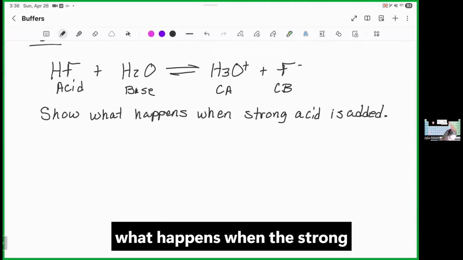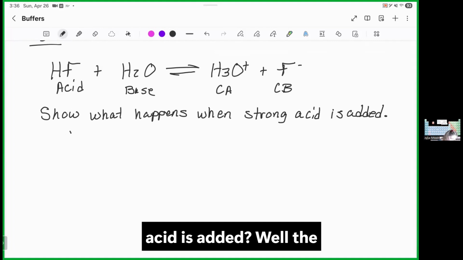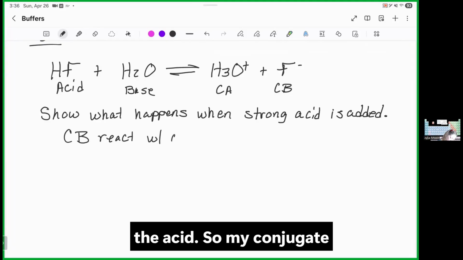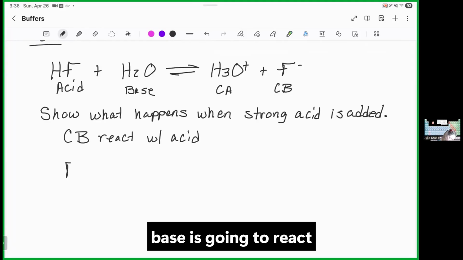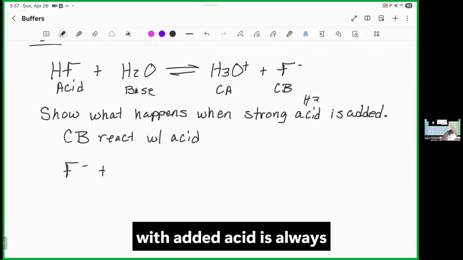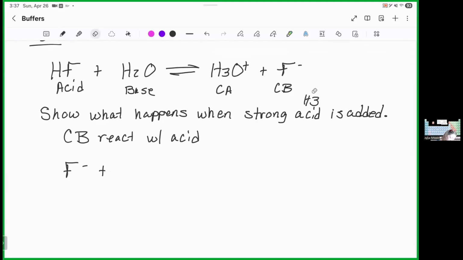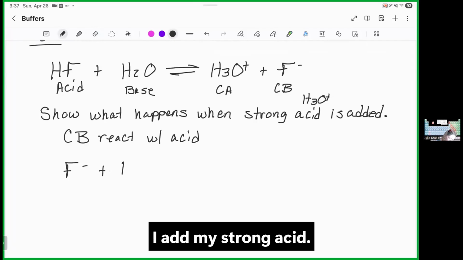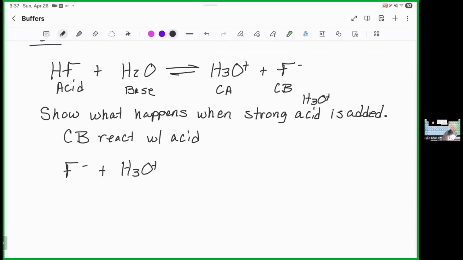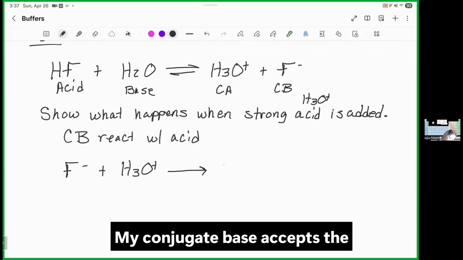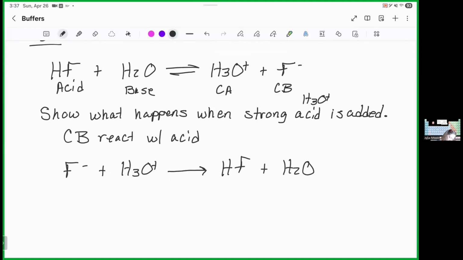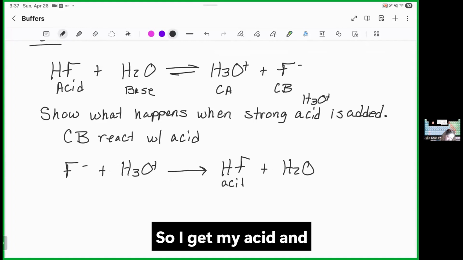Well, the conjugate base will react with the acid. Added strong acid is always H3O plus. So I add my strong acid, my conjugate base accepts the hydrogen ion, so I get my acid and water.